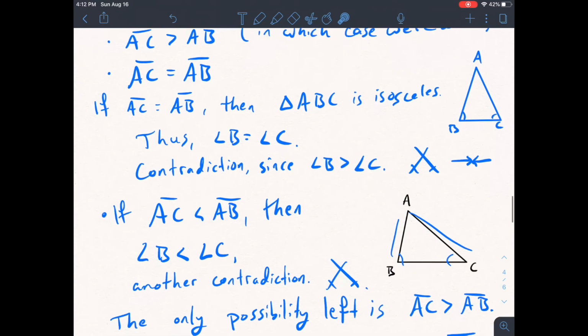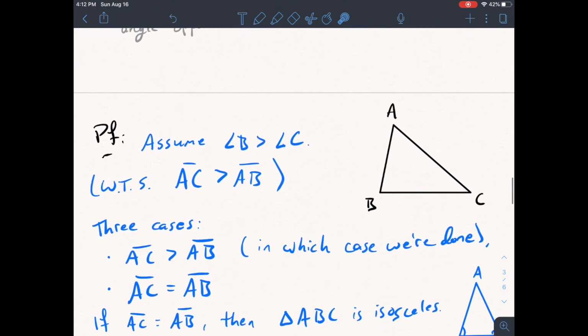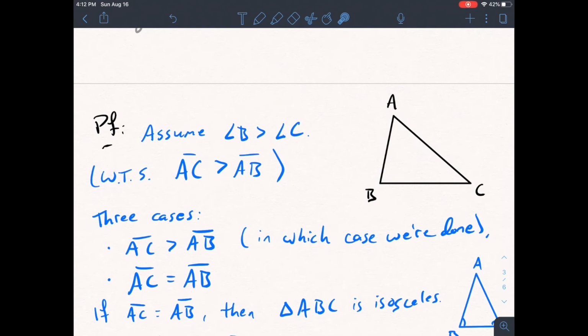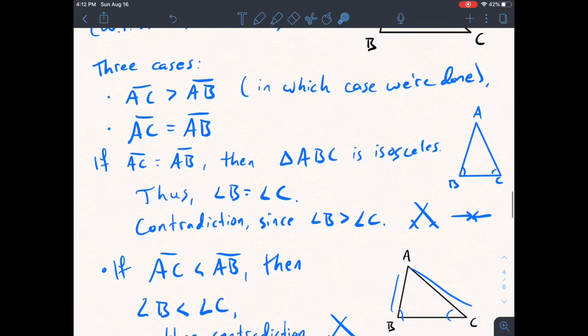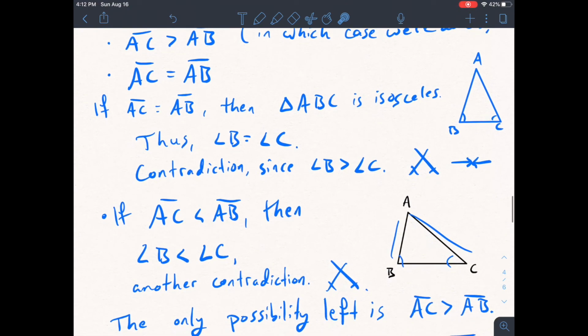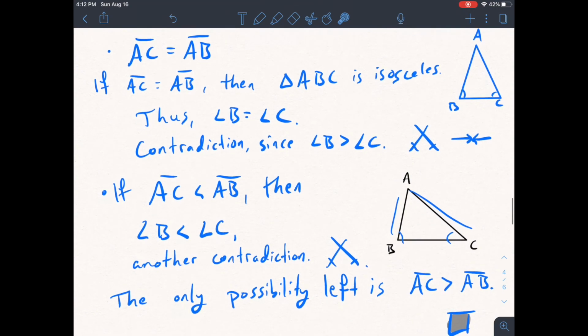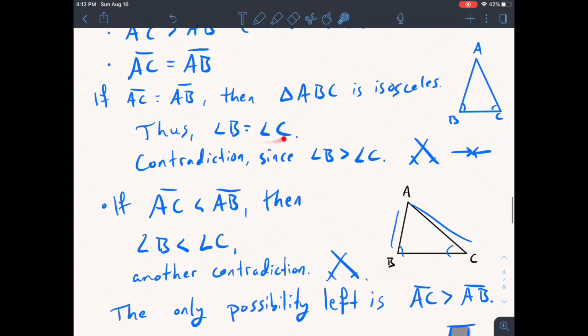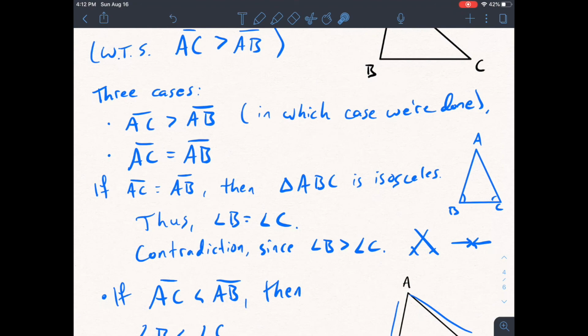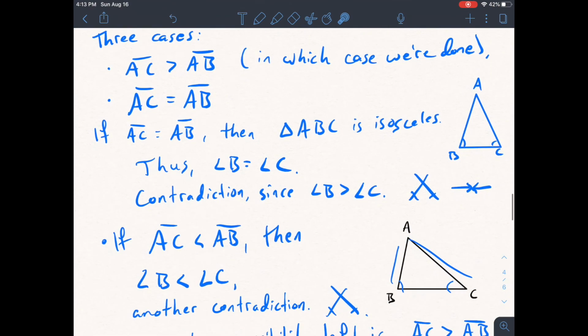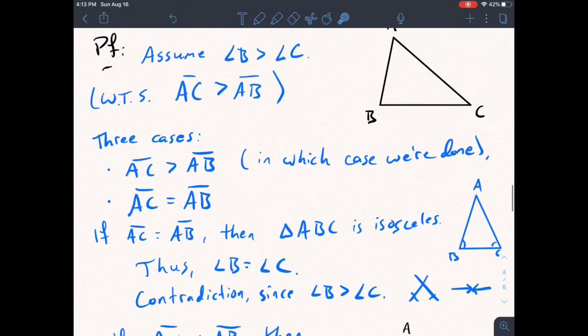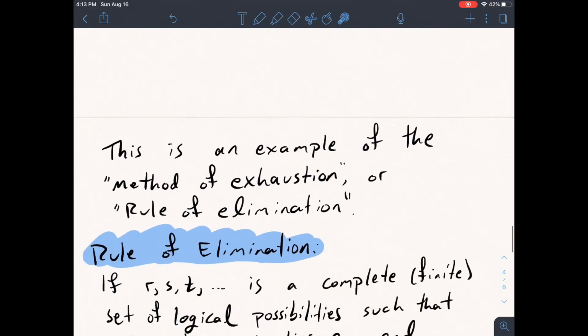Our original statement was that angle B is greater than angle C. The contradiction was that angle B is equal to angle C, which is impossible because angle B is assumed to be greater than angle C. And then in our other one, we showed that angle B was less than angle C, which would imply that our original thing was false.